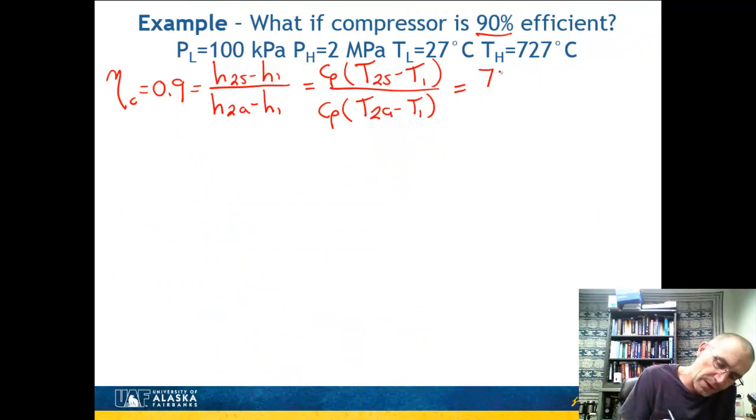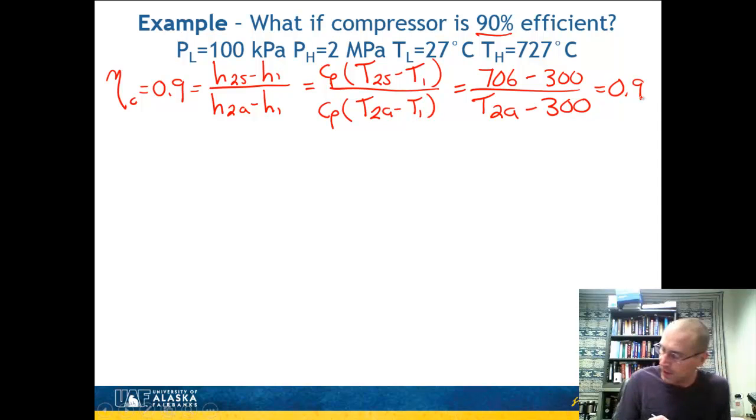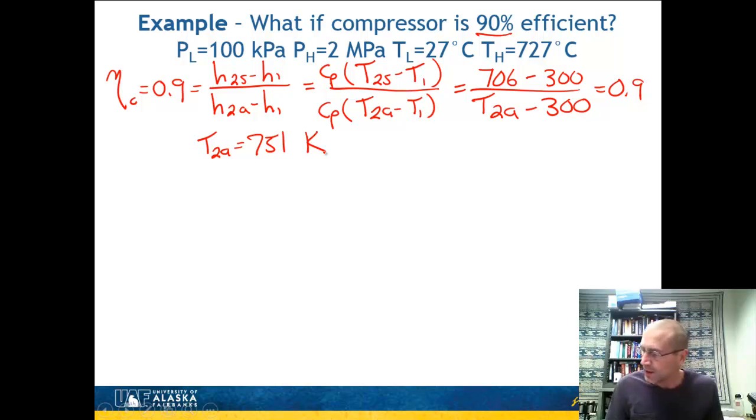So this is going to end up being 706, and T1 is 300, over T2 actual that we want to find minus 300. So let's go ahead and solve that, because that again is all equal to 0.9. To give myself a T2 actual, and that right there is going to end up being 751 Kelvin.